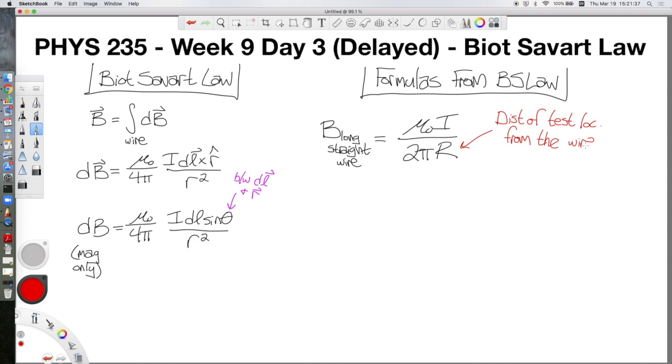And we are assuming that the length of the wire is at least roughly 10 times greater than that distance r.